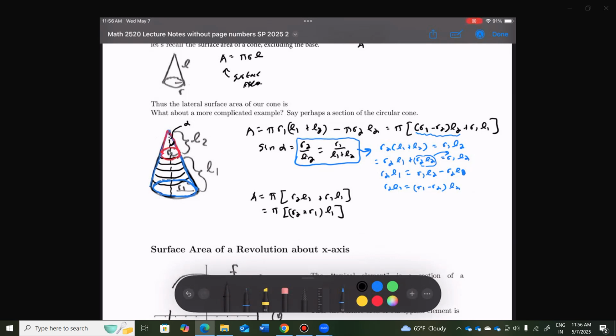Okay, and then instead of having multiple r's, we're going to let r equal (r1 plus r2) over 2, which is going to equal, when we plug this in, 2 pi r L, and we're also going to let L equal L1.